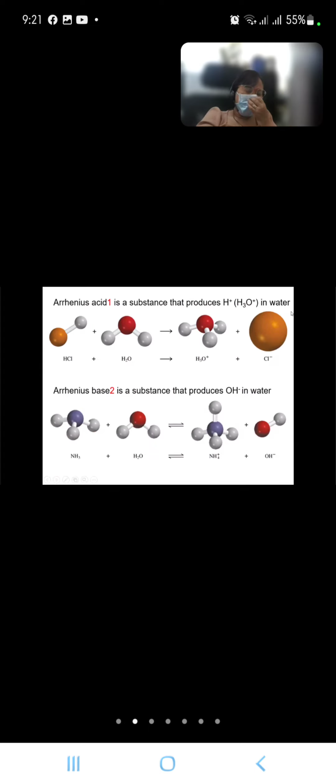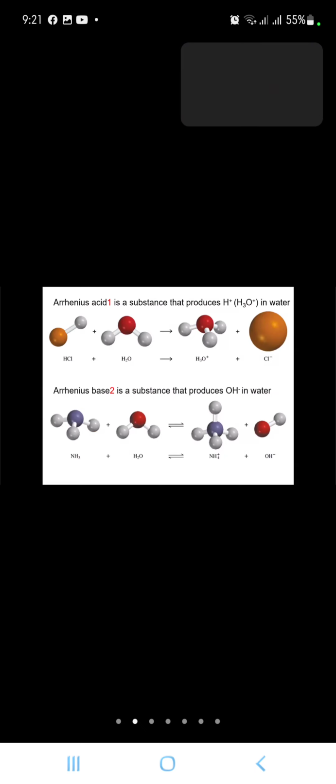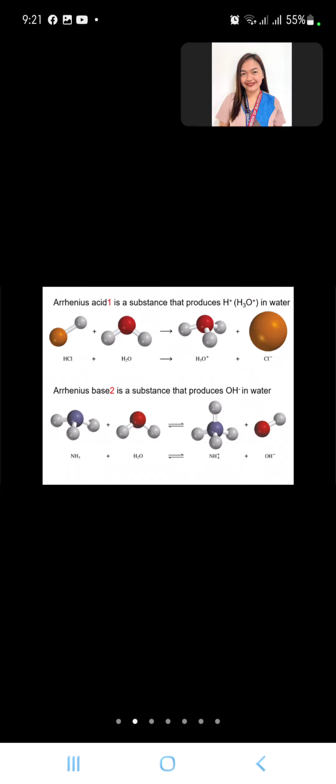Now, there are scientists who describe acids and bases, no? And one of those is Arrhenius, Svante Arrhenius. Then there are the definitions of Bronsted, Lewis, and Arrhenius.